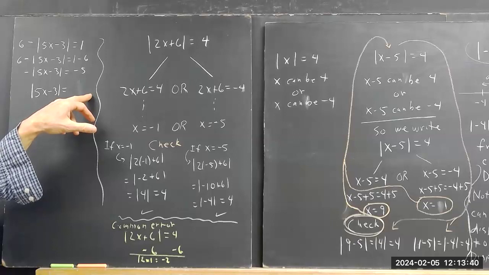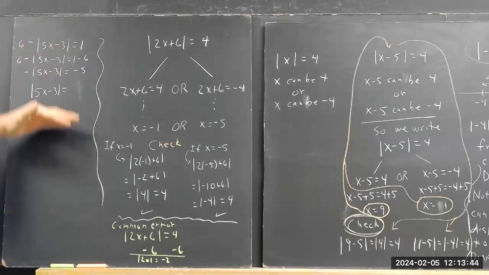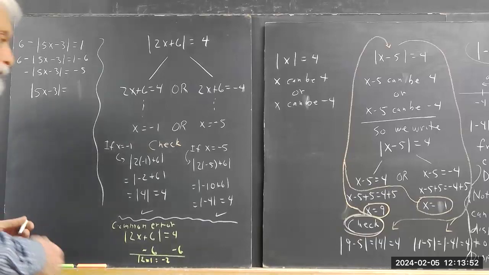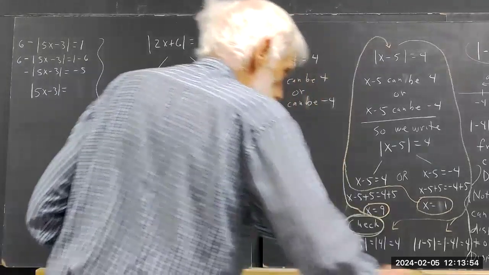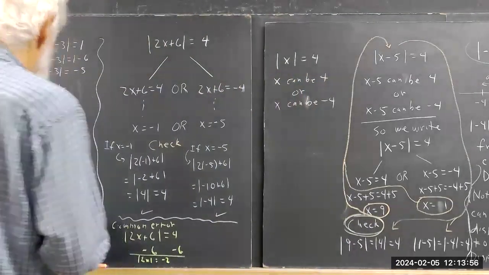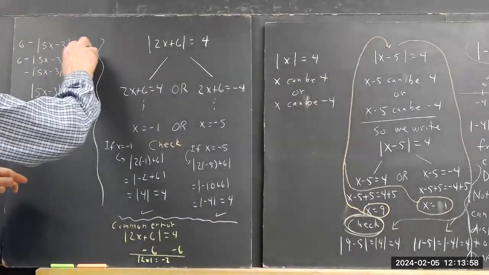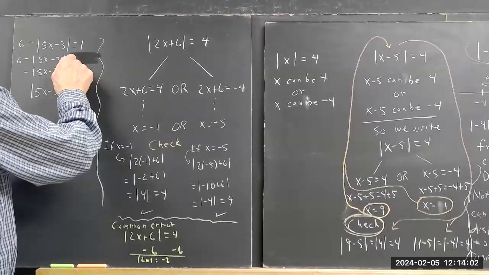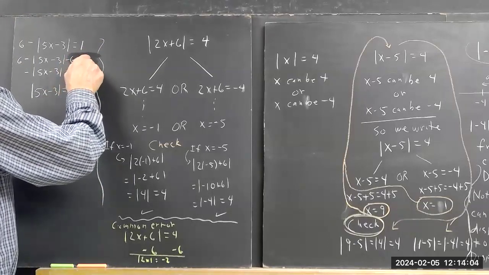Tell me if you can, because in about 10 seconds, I can erase that and write it a little bigger. And I didn't write it out correctly. Didn't put my -6 on this side.